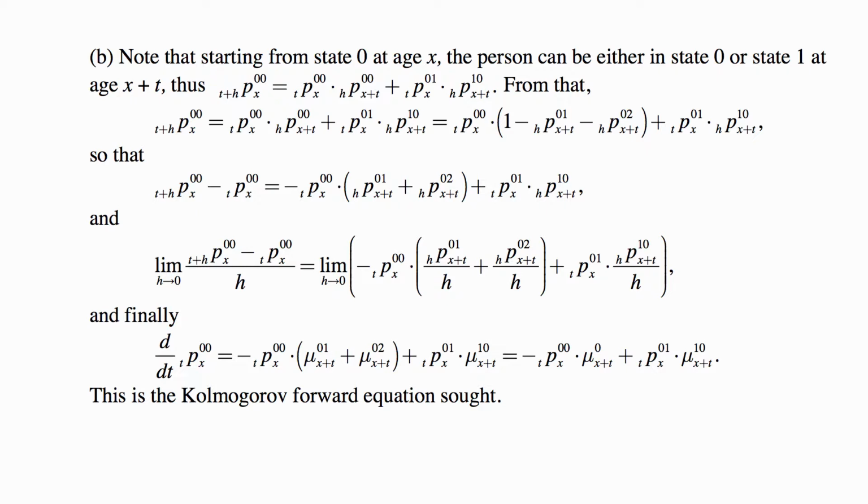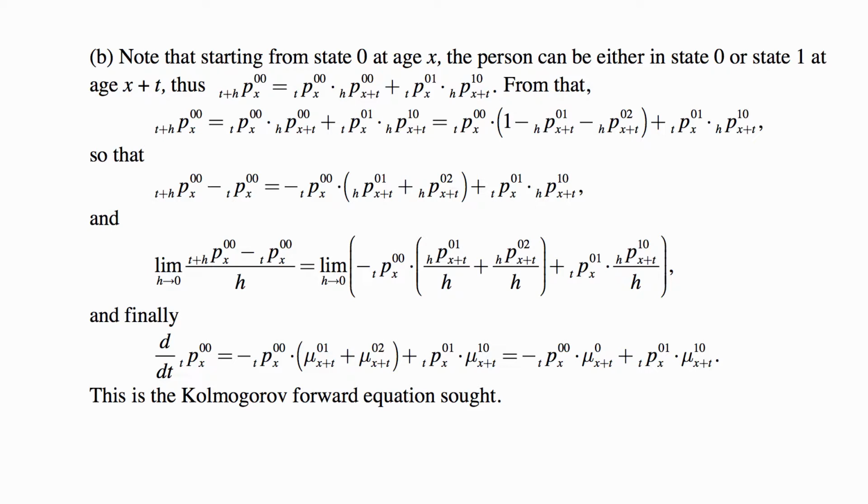Now, the number of these transitions, there could be a lot of them. We're not restricted in any way. Nevertheless, if we look at a specific point in time, at age x plus t plus h, then being in state 0 at that time, in relation to where the person is at the beginning, which we know is state 0, and where the person is at time t, which could only be either state 0 or 1.